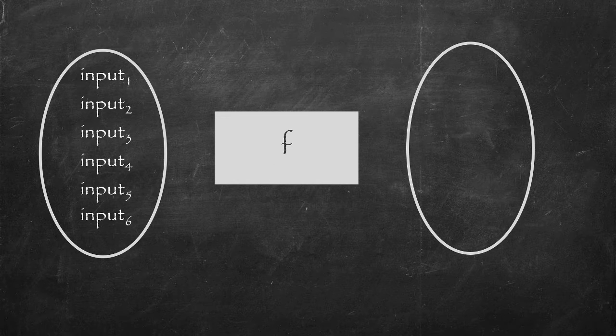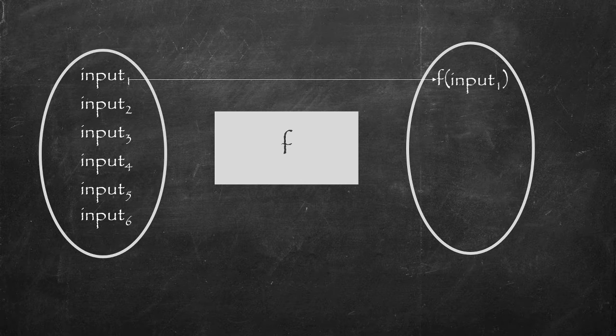You can think of a function as having many possible inputs. So what we have here on the left side is a set of possible inputs for this function f that we have at the center. And as we just discussed, when the function gets an input, it's just going to transform it in some way and form an output. So this is a kind of notation that is often seen, and the idea here is that the output is simply a transformed version of the input under the function f.